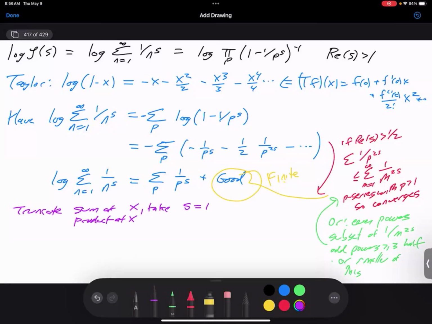It's not fair to do that, but I'm just trying to give you a rough intuition. This is for intuition. So then the intuition would be the log of the sum, n less than or equal to x, of 1 over n is like the sum over p less than or equal to x of 1 over p plus something finite. This is the nth harmonic number. The sum of the reciprocals of the integers up to x is about the natural log of x. So this side is approximately log x.